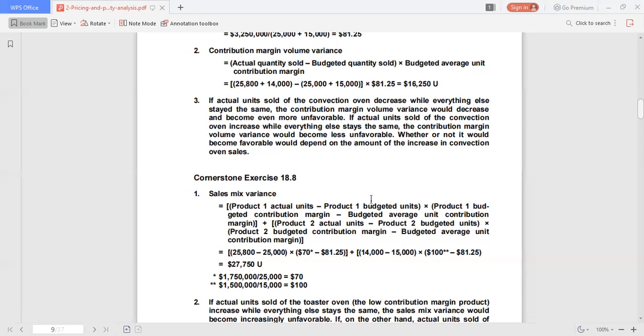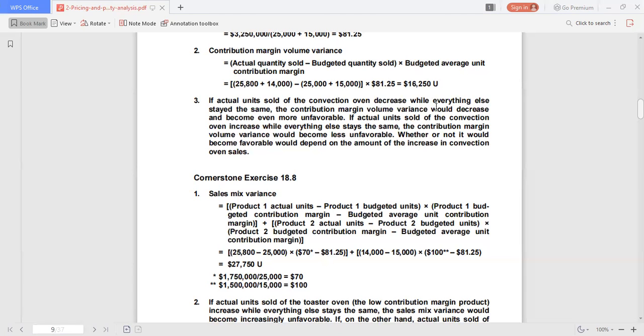Okay, requirement number 3. What if actual units sold... We have requirement number 1, the sales mix variance. The actual units, product 1, 25,800.